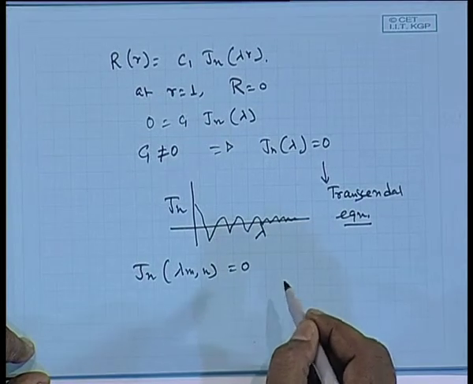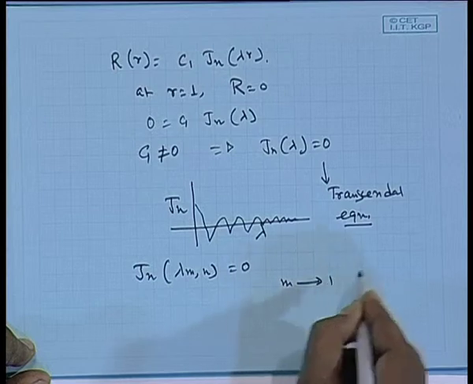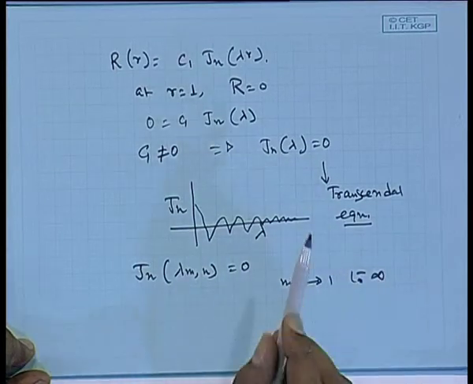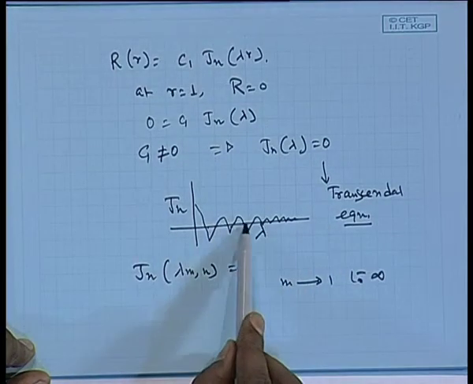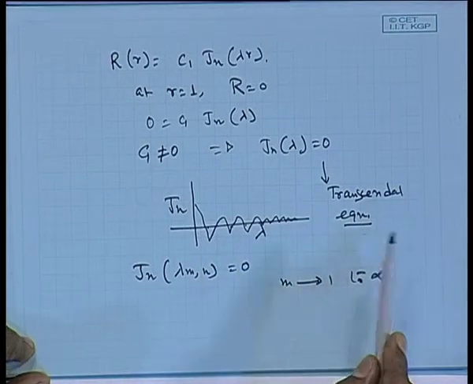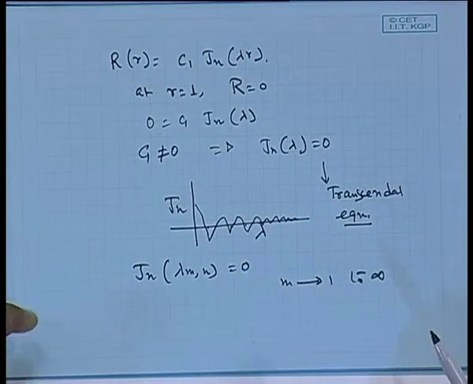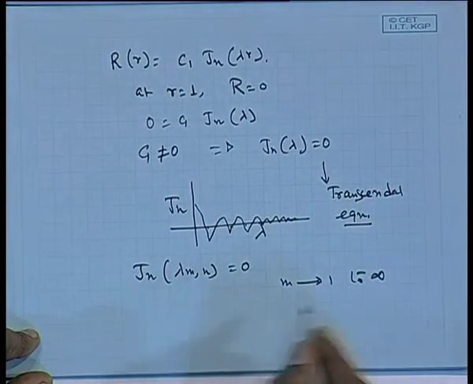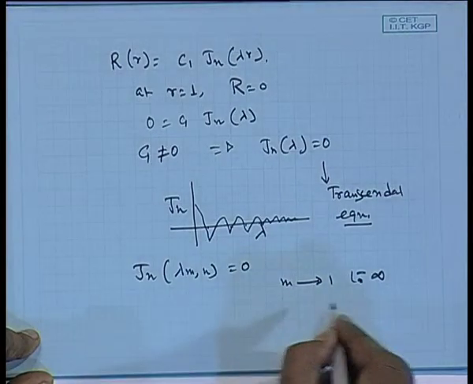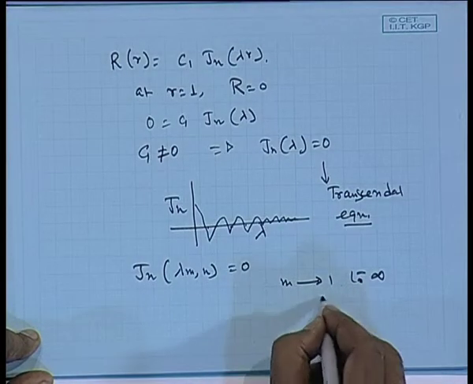That means m varies from 1 to infinity. The roots 1, 2, 3, 4, 5 up to an infinite number of roots are present for a fixed n. So, m runs from 1 to infinity for every n.